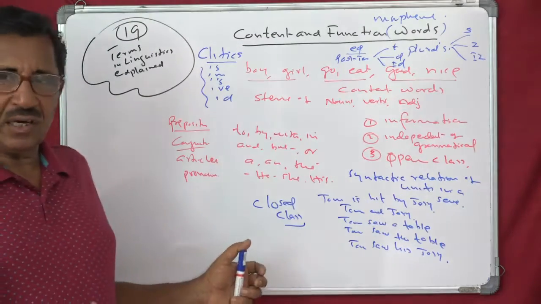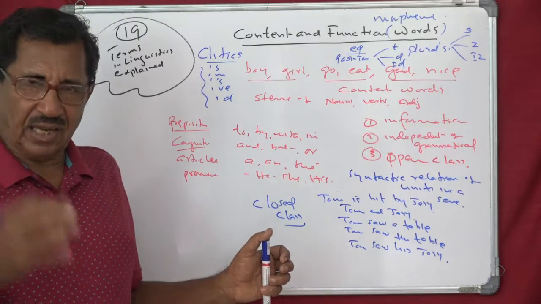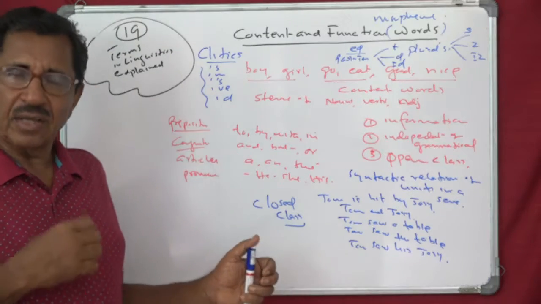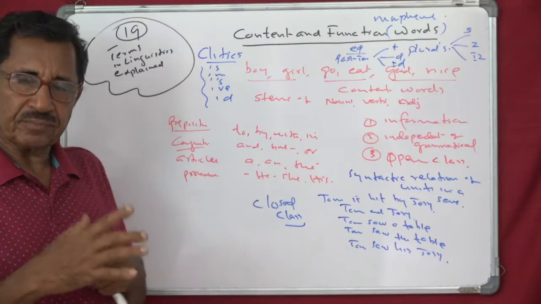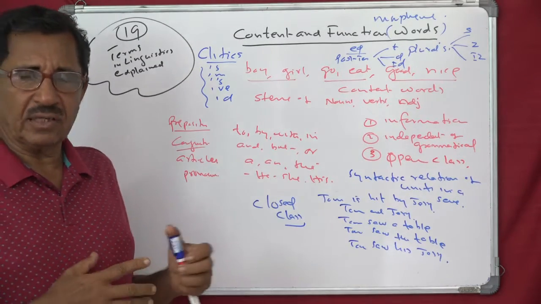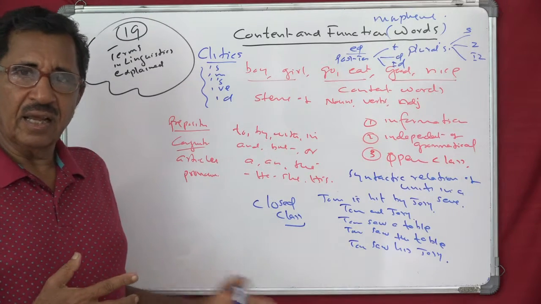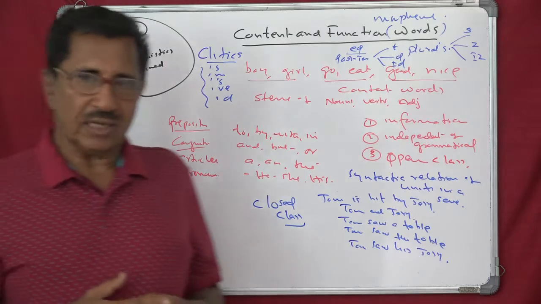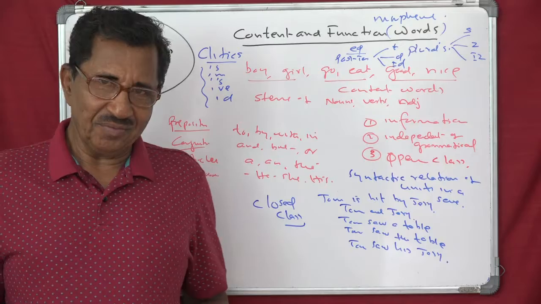In the function class, there is only grammatical function, and as such they have no meaning. When they stand alone, they have absolutely no meaning. Grammatical function is linking, connecting, so to say, like and, or agent, by, things like that. And then you saw that it is a closed class because no new ones are admitted. Understand? Hope that is clear to you.